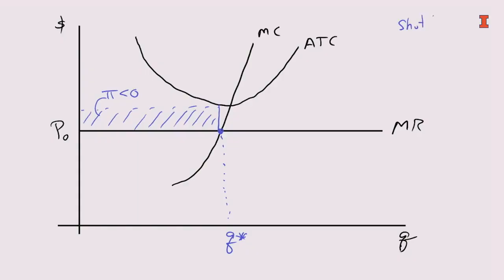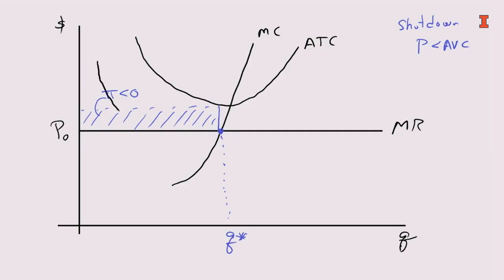Now the question is, what about shutdown? In order to know something about shutdown, we know the shutdown condition was price less than average variable cost. So I have to put average variable cost back on this picture. Where is it? Well, I know average variable cost is also U-shaped, and I know it has its minimum along the marginal cost curve.